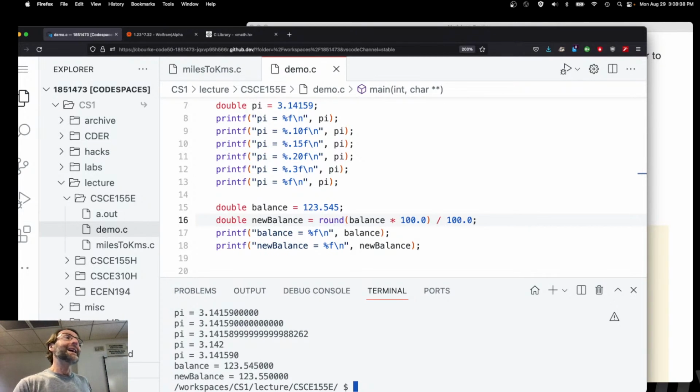Use it. Except that it wasn't exactly what we wanted. It's kind of what we wanted, but we wanted to round to the nearest hundredths place. Adapt it: move that decimal place over, then use it, then move it back. You didn't have to write your own from scratch. You had to adapt what was already there in the standard library, but at least you didn't have to start from nothing.